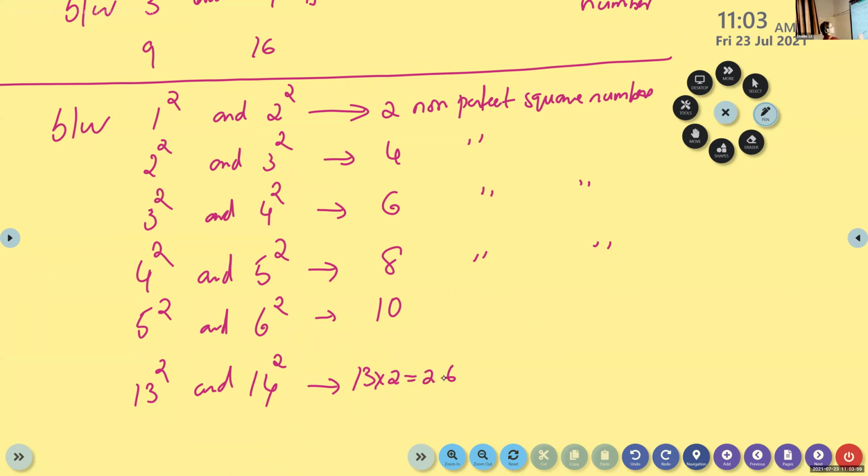See here, 10 we get from 5 into 2. 8 is 4 into 2. 6 is 3 into 2. 4 is 2 into 2. Here also 1 into 2. So multiply the first square number, 13, by 2.